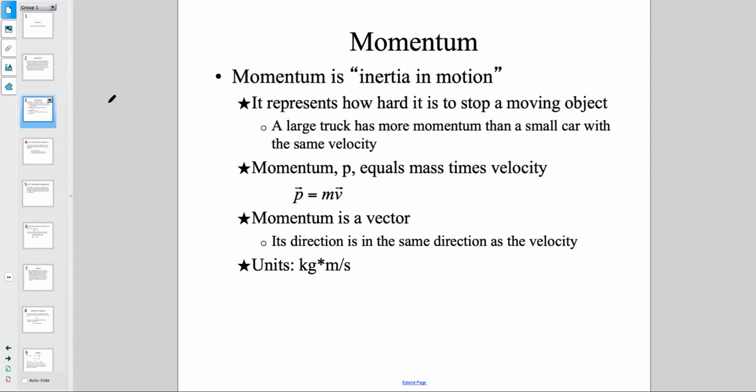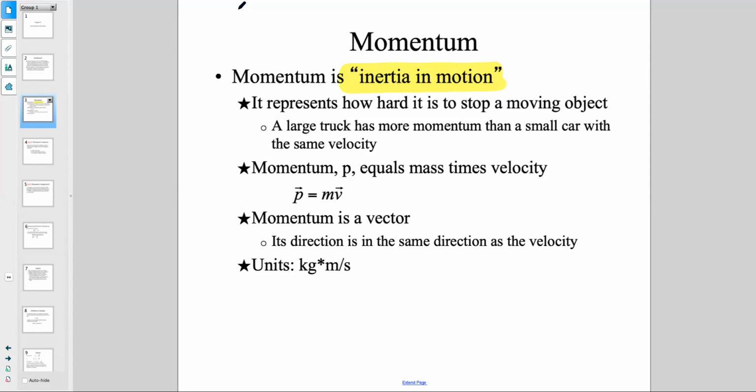So momentum is inertia in motion. That's the shortest definition, but it's very important. In other words, it represents how hard it is to stop a moving object. For example, a large truck has more momentum than a small car with the same velocity.